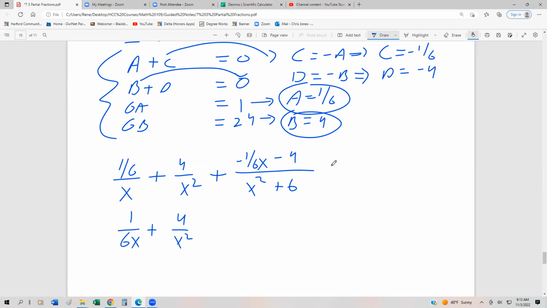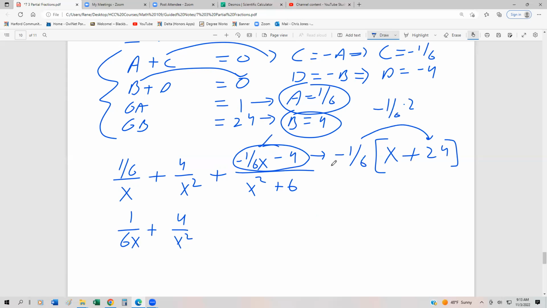Right? What I'm going to do is I'm going to factor from here, all right? And this is really sneaky. I'm going to factor a negative 1/6 from the numerator, okay? Now, if I factor negative 1/6 from 1/6, that's going to leave me with x. That's going to leave me with 24 over here, okay? So negative 1/6 x plus 24. Now, if you don't trust me, negative 1/6 times 24 is negative 4, not negative 1/4, okay?